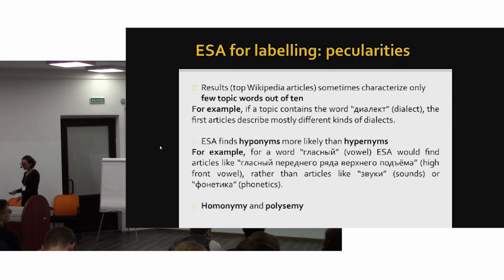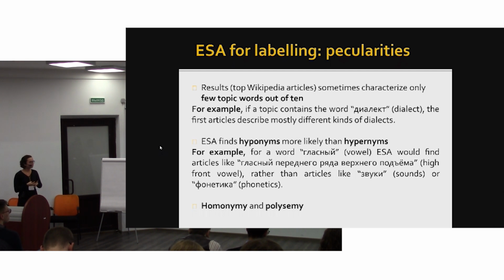Also, ESA finds hyponyms more likely than hypernyms, and this is because in specific articles, words we are trying to characterize are normally mentioned more often than in general articles, so they get into the results.